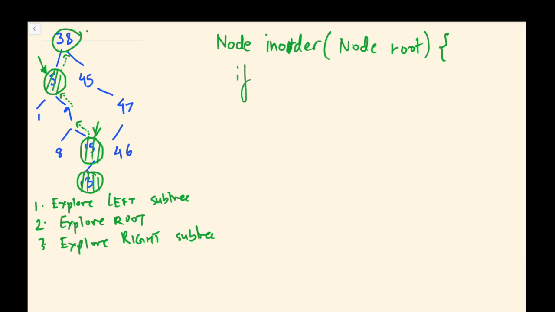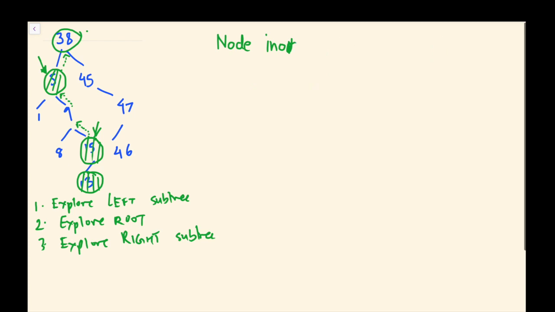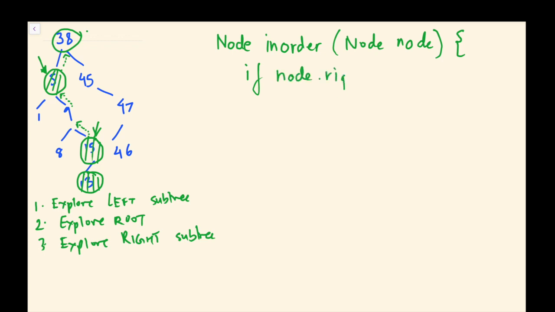Now we could have been given any random node to find the successor of, obviously, so we may not even know the root of this tree. We check whether the node that we've been given has a right subtree.